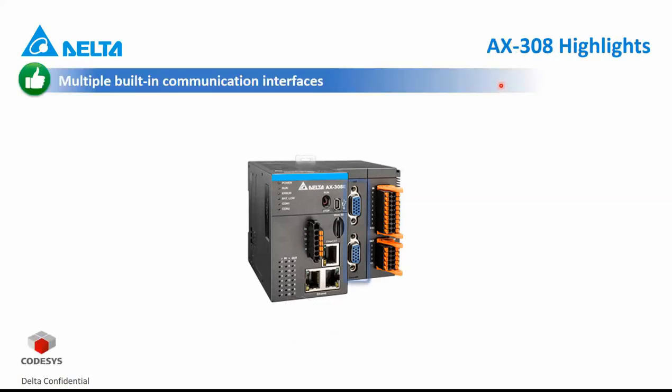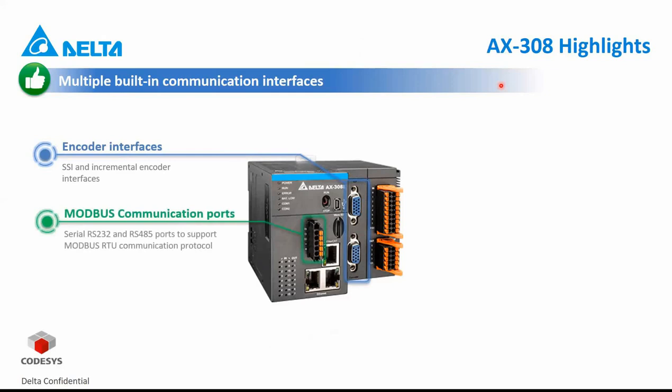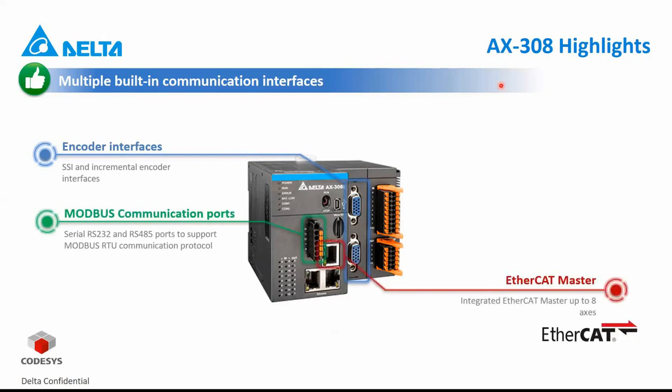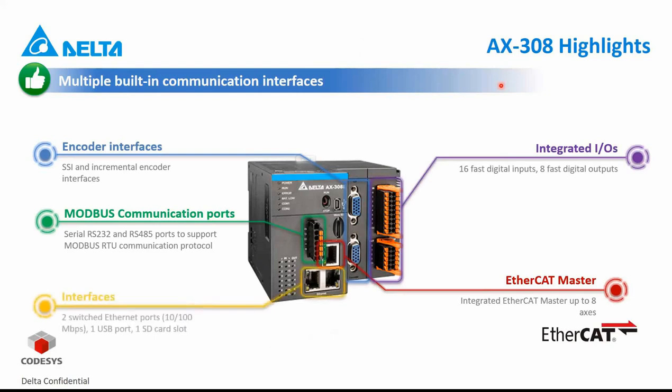Yeah, communication interfaces. Let's have a look again. For the AX300, we have an encoder interface. We have a Modbus serial communication port. We have an EtherCAT master port up to 8 axes. We have an integrated I/O port. And we have 2 Ethernet ports.